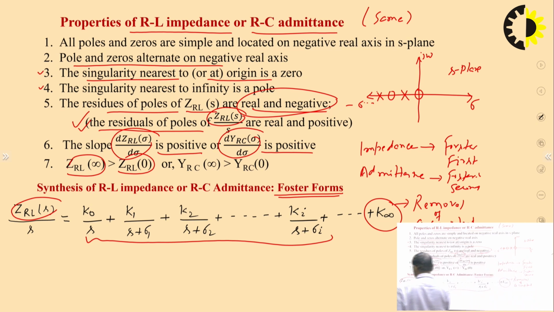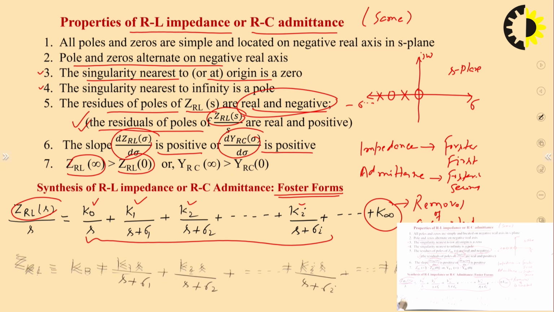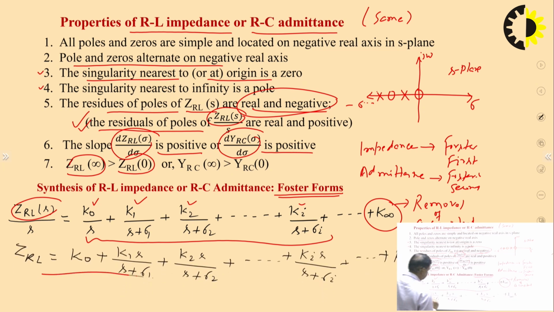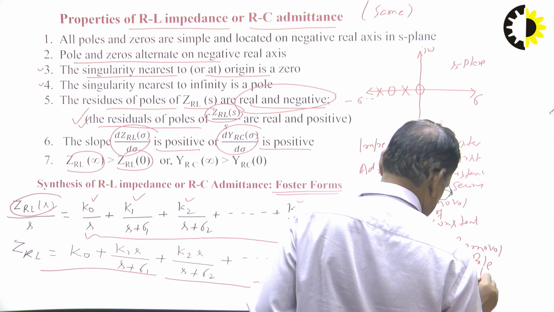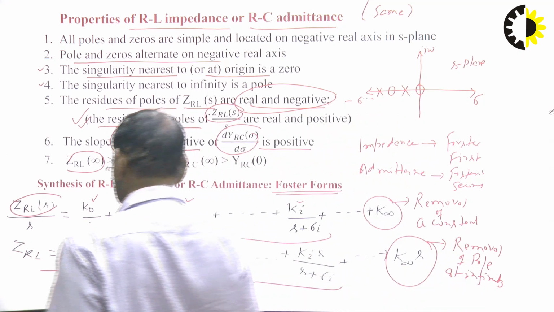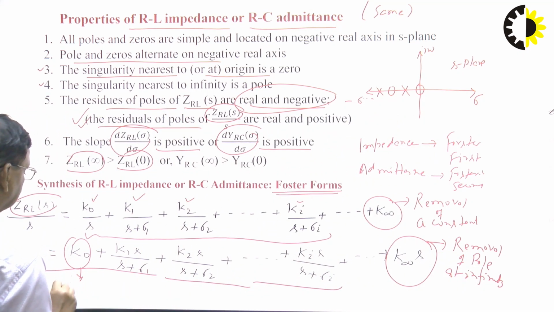And if this is the impedance, carry out the partial fraction expansion, and after finding this k0, k1, k2, ki, k infinity, we just multiply. So ultimately we get this one. Here this is your removal of pole at infinity. And this is now removal of constant. This is for ZRL.